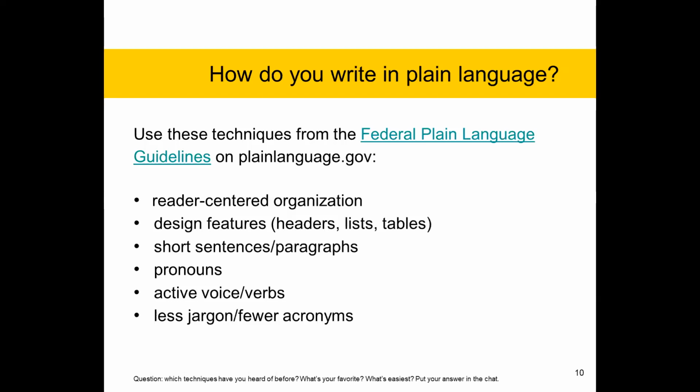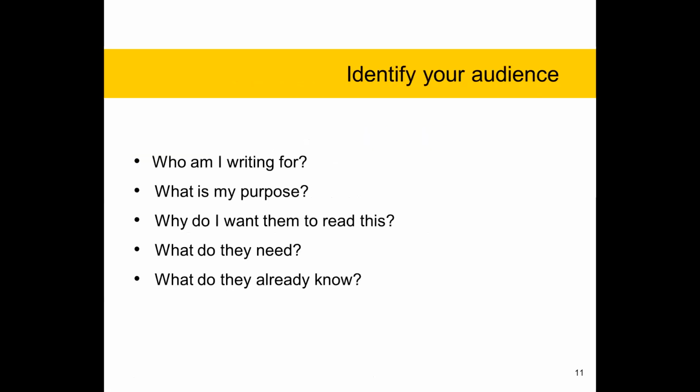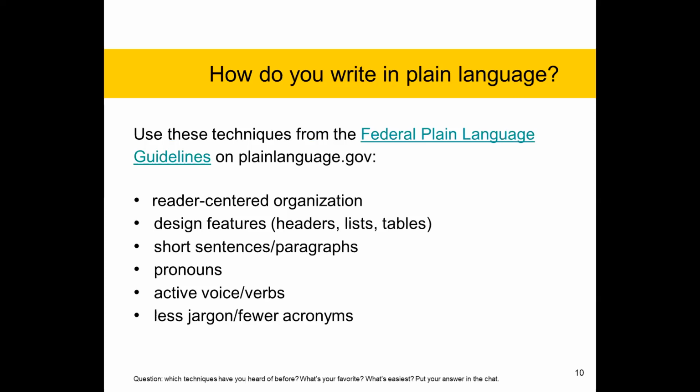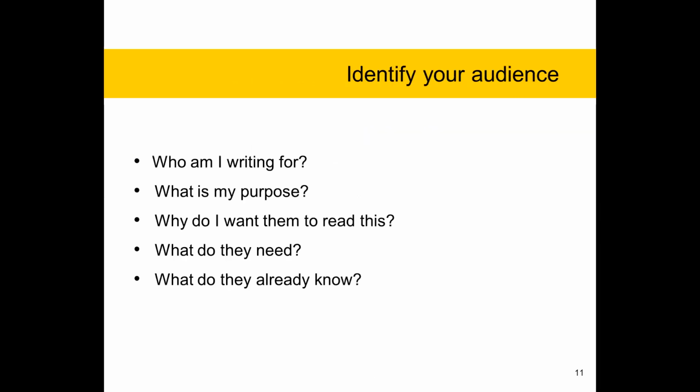So we will be revisiting these at quite extraordinary length later on throughout the rest of the workshop. The biggest thing, and this goes back to the first technique, is reader-centered organization.